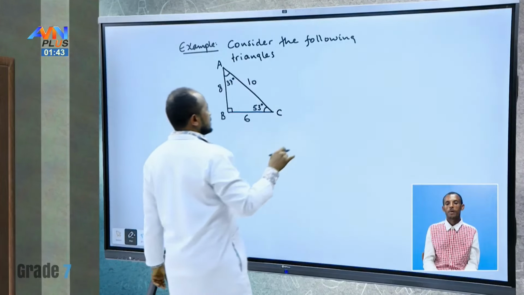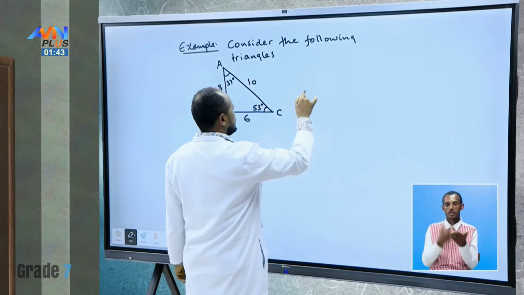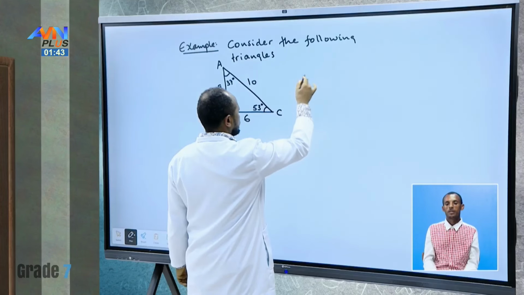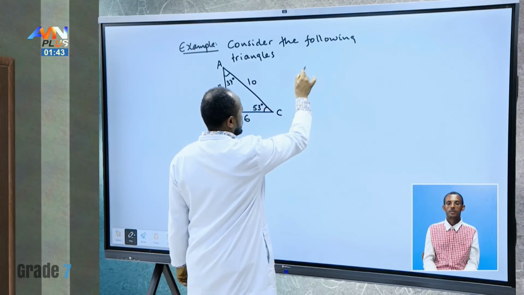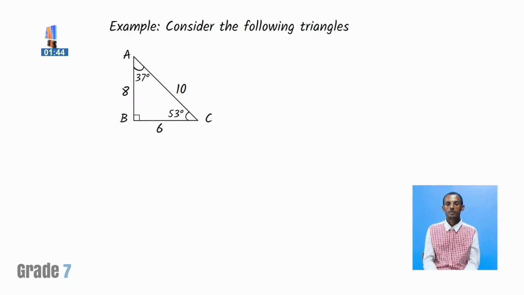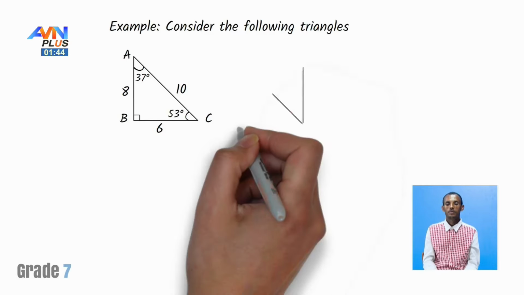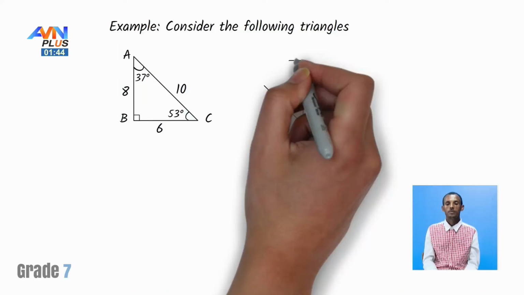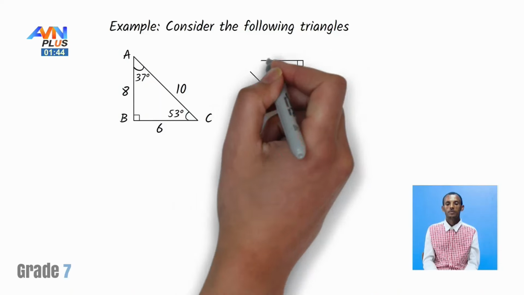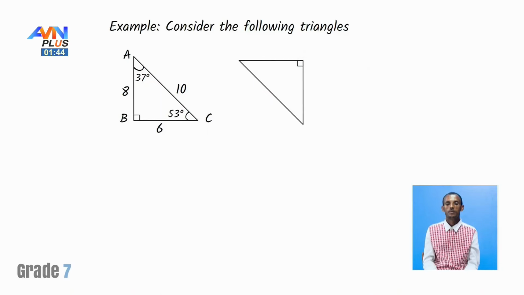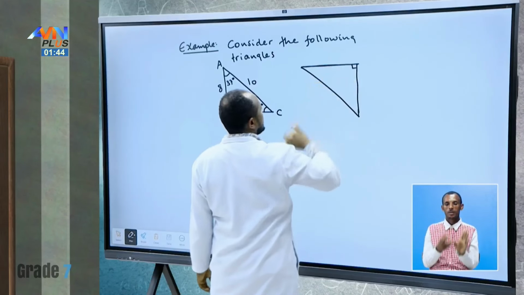Again, let's take this triangle. This angle is 90 degrees.